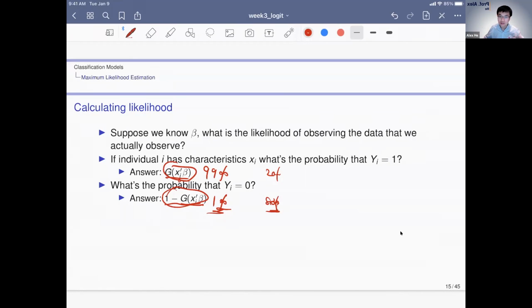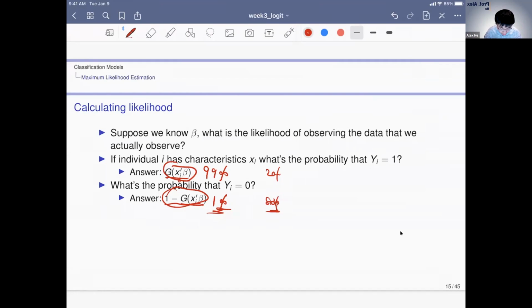So that's the idea: we take the data that we actually see, which is the reality, and then we take a bunch of values of beta and calculate the probability of us seeing that reality. And we want to maximize that probability, right? Because what we see is the reality, the data generated from the actual beta. And we don't want some beta that makes the reality we observe very unlikely.